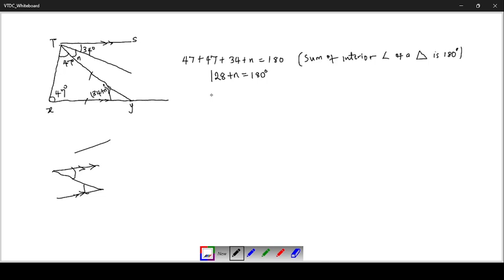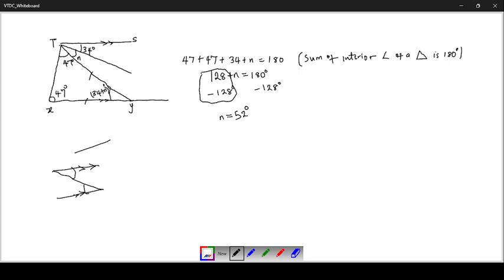The next thing is to subtract 128 degrees from both sides. At the end of the day, this becomes 0, leaving n on the left-hand side of the equation. Then 180 minus 128 leaves us with 52. So n, the angle marked n, is equal to 52 degrees.